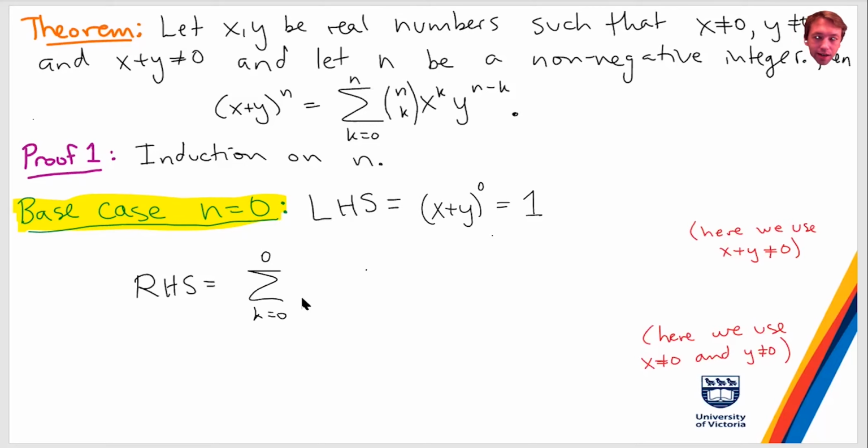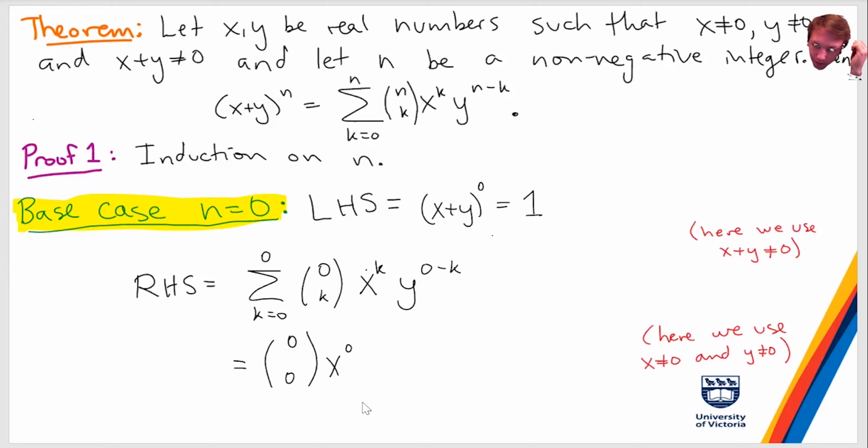Okay, what's the right-hand side? The right-hand side is the sum from k equals 0 up to 0, because we're in the case n equals 0, of 0 choose k, x to the k, y to the n minus k, where n is 0, so 0 minus k. Obviously this sum is not really a sum, it just has one term: 0 choose 0, x to the 0, y to the 0.